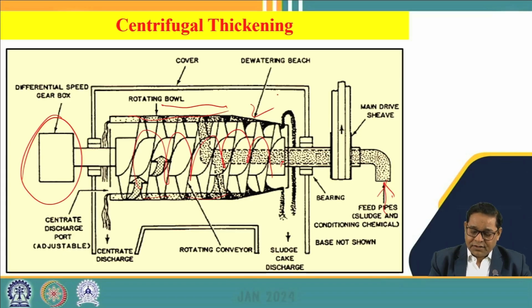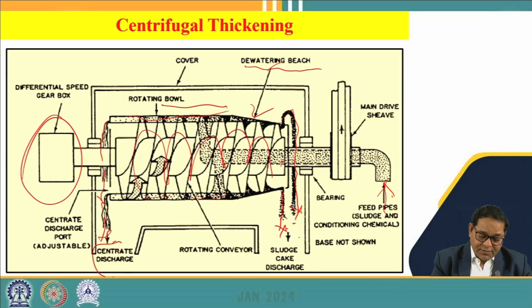Whatever water is separated goes to the dewatering bench, and the sludge cake formed comes out from the top, and from the bottom side we get the concentrated sludge. This is again collected and put for further treatment.